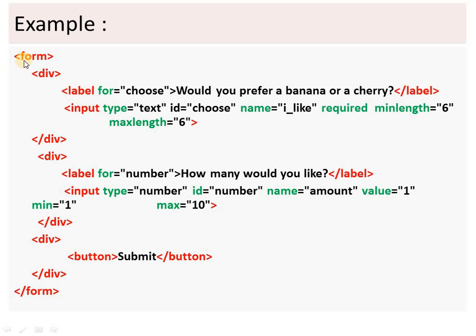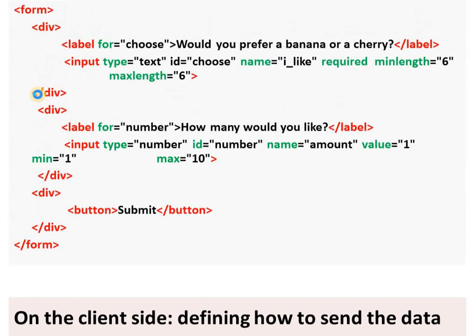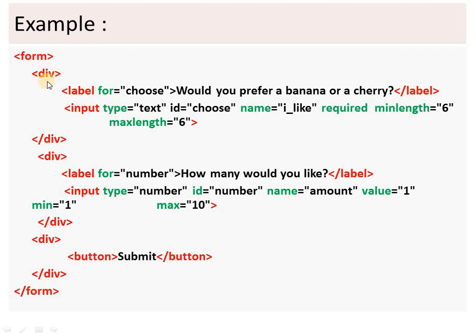Now look at this example. This one is my form, this is my form tag. Inside this form I have used some tags, for example label and input. I will demonstrate how to create the form and include all the necessary fields, so don't worry about this, just look at this.